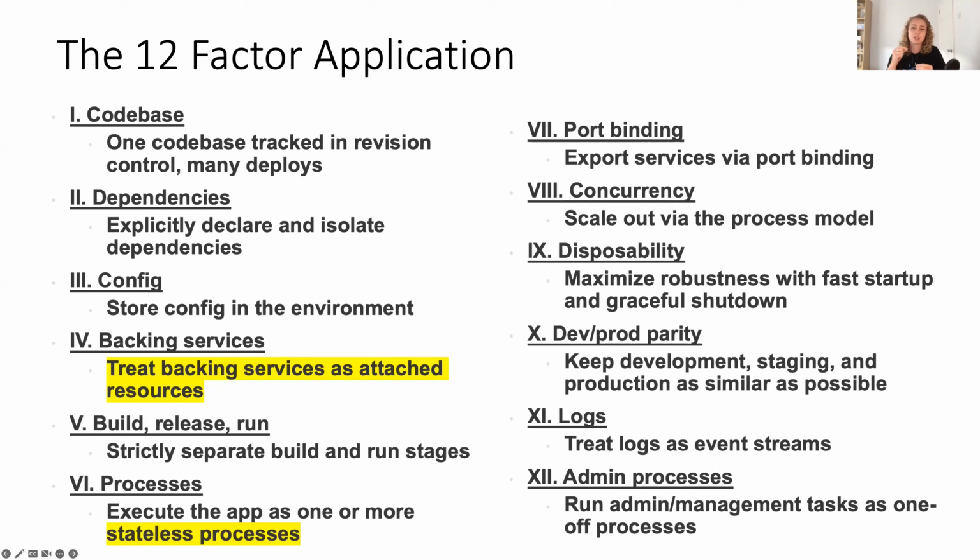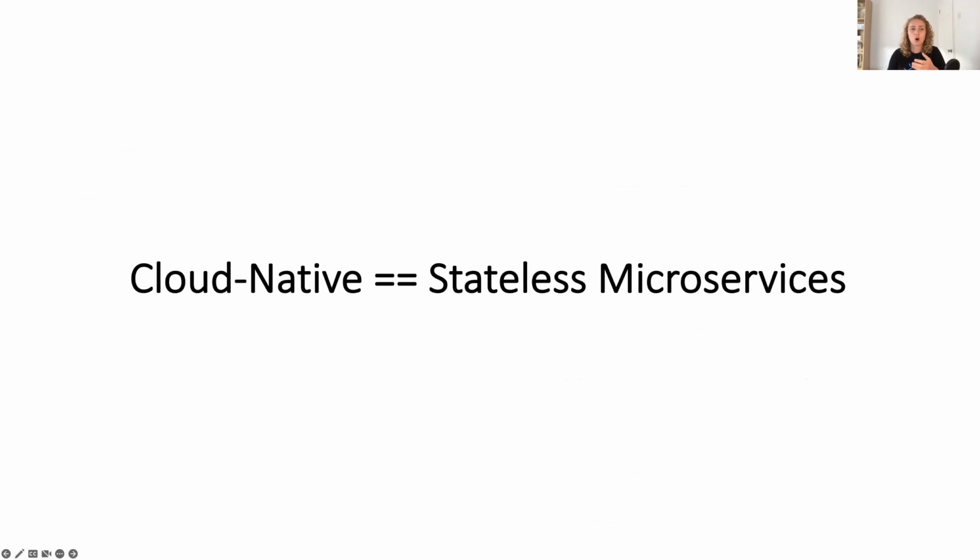But actually, when we're taking a look at this, what we do notice is phrases like the ones I've highlighted here. Phrases like, for example, treat backing services as attached resources, or execute the app as one or more stateless processes. And what this brings to mind really is often this assumption of, well, if I'm going to be designing and building cloud native, I have to build stateless microservices.